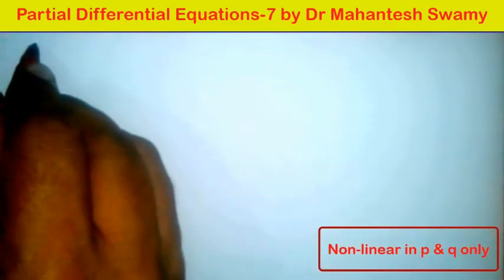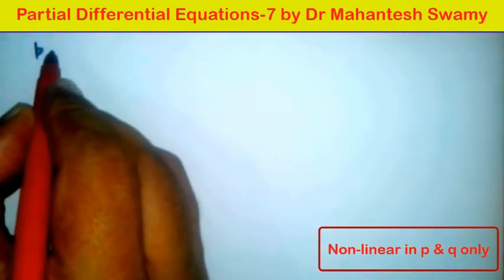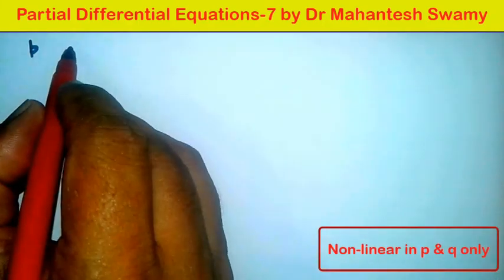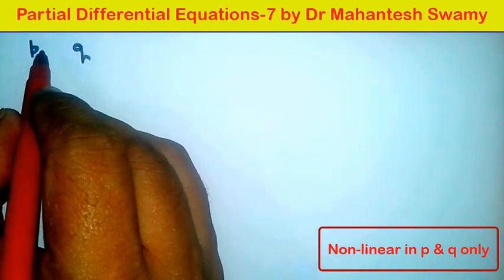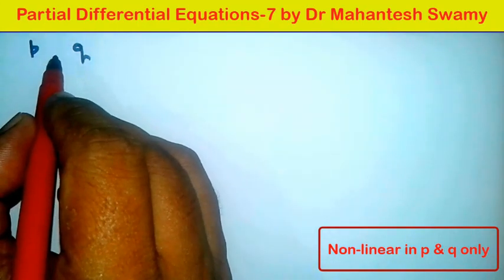So here the partial differential equations which we are going to consider will be nonlinear in P and Q. P stands for dou z by dou x, the first order partial derivative of z with respect to x, and Q, that is dou z by dou y, will be multiplied together.